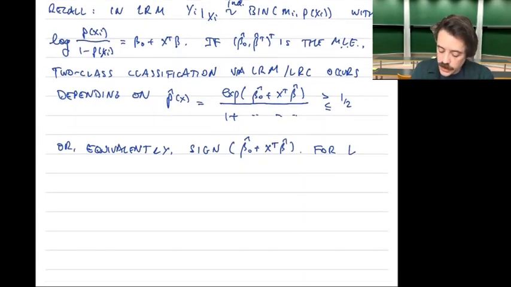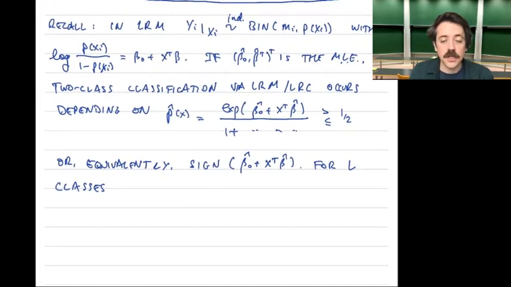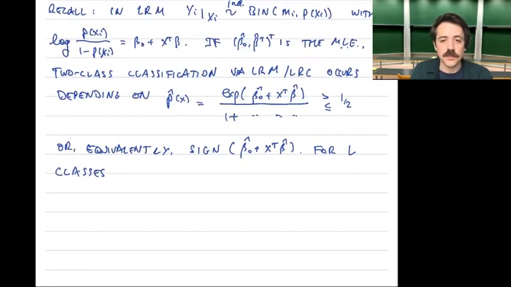Okay, so for L classes, let's generalize this. For L classes rather than 2, note that I was implicitly talking about 2 classes with the labels being 0 and 1 in the binomial experiment. So we may be changing the labels often. In this case, we're going to assume that we have 1 to capital L as the labels.